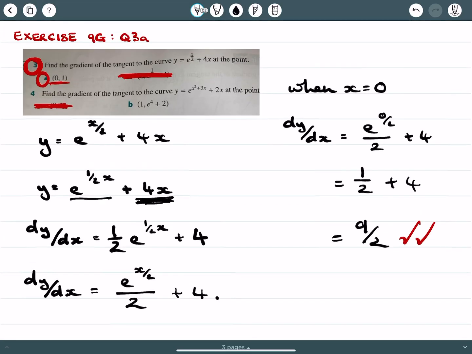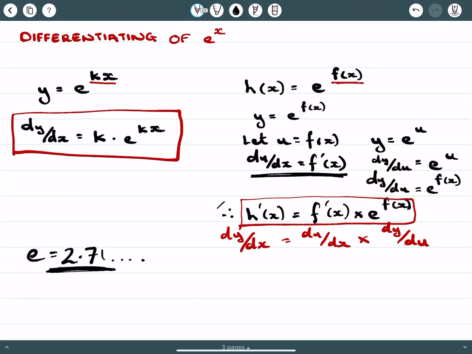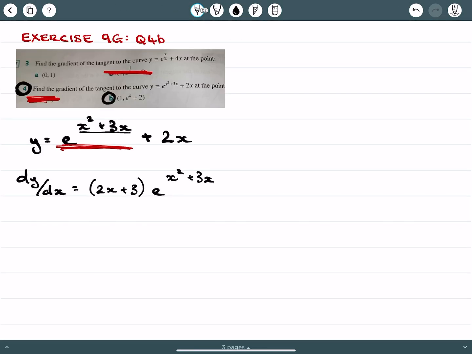That's going back to this rule that we had a look at and did a proof of. And then we're going to derive this section of the expression, which is just 2.